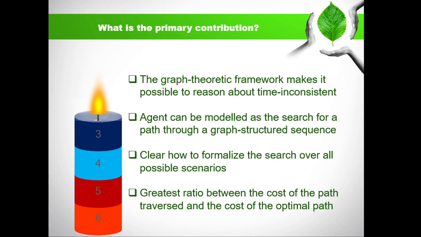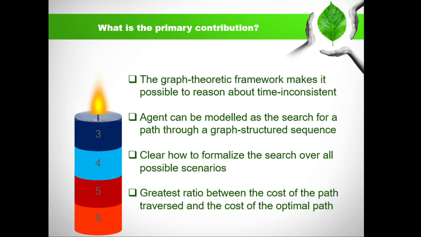For example, suppose we are inspired by Akerlof's example to try identifying the scenario in which time inconsistency leads to the greatest waste of effort. A priori, it is not clear how to formalize the search over all possible scenarios.